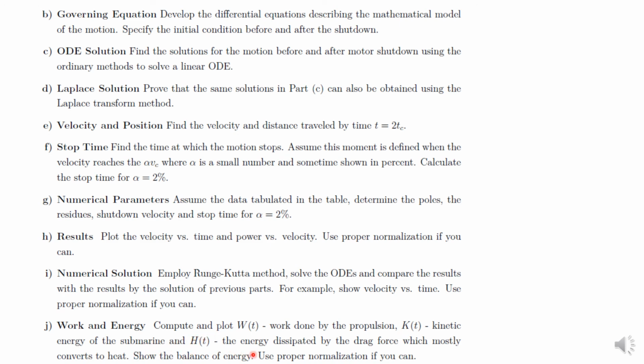And also show the balance of the energy. The summation of all of the input and output energy should be equal to 0. So you need to show me those kinds of balance of energy. Okay.